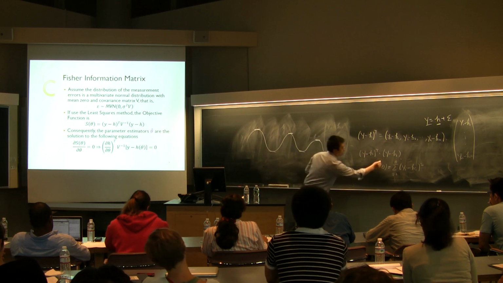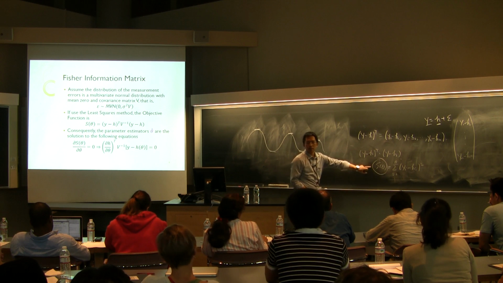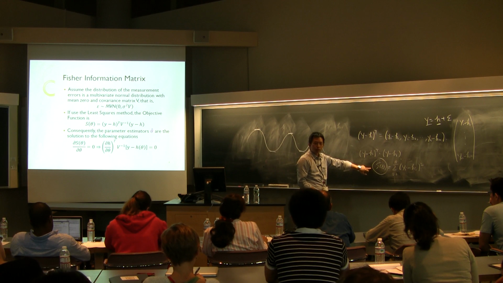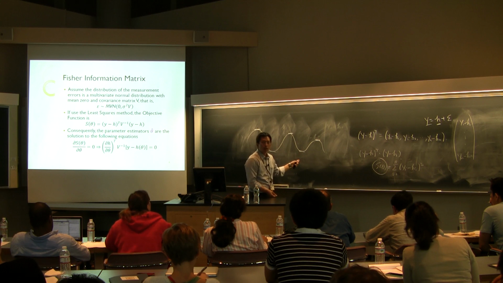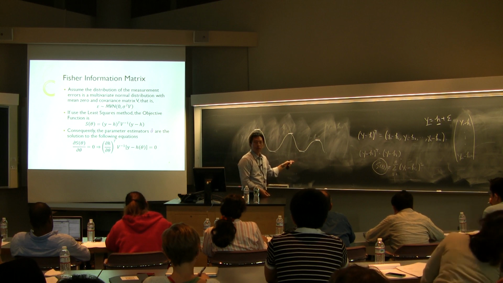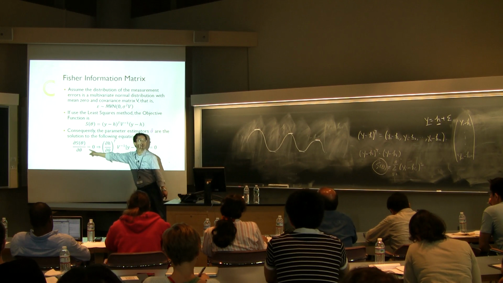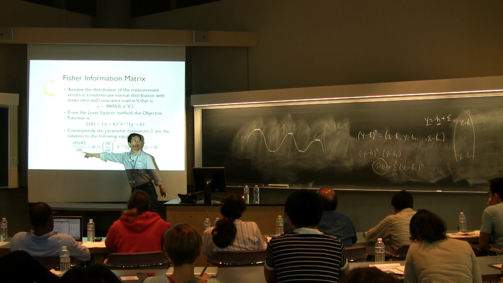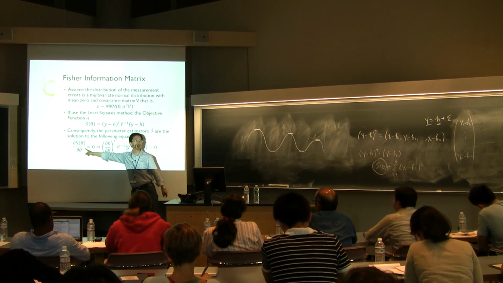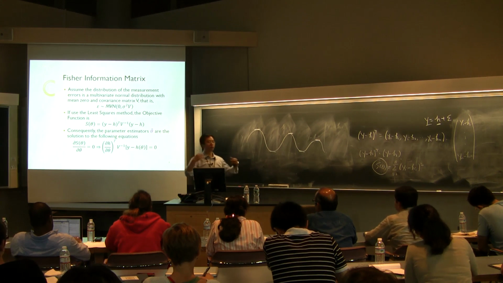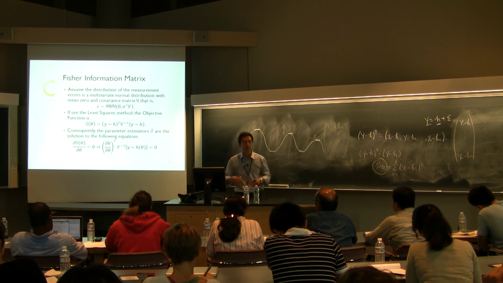Since we are trying to minimize this function, the solution to this minimization problem should also have a 0 slope. That's why we start from here. This is the slope with respect to theta, the parameter, and now it becomes 0. That's where our solution is.